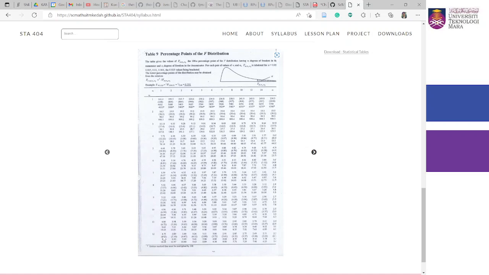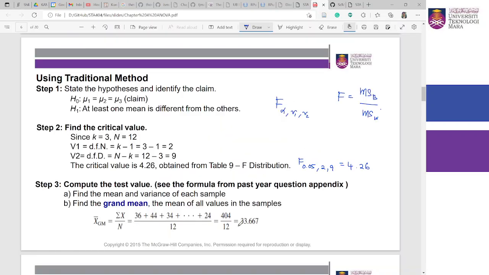Look at the first row because the first row represents alpha equal to 0.05. So here you see that the value is 4.26. So that is what we get here, 4.26. That is how you look for the critical value from the F distribution table.